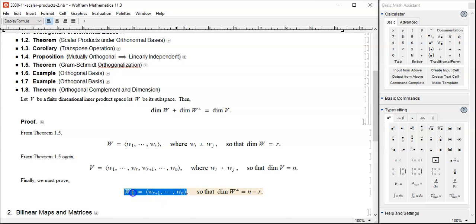Now, if I prove this, that's going to complete the problem. How do I do that? Looks like I'll just leave that to your exercise. Pretty much everything is there.